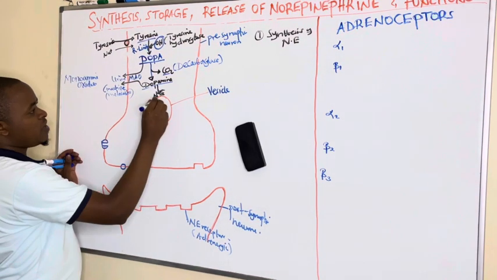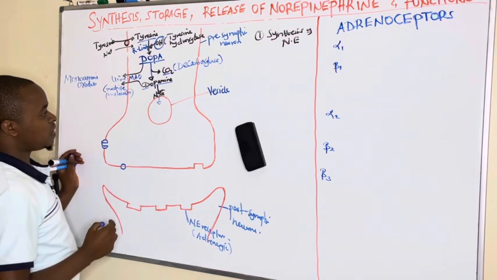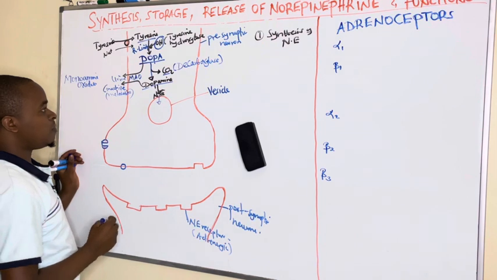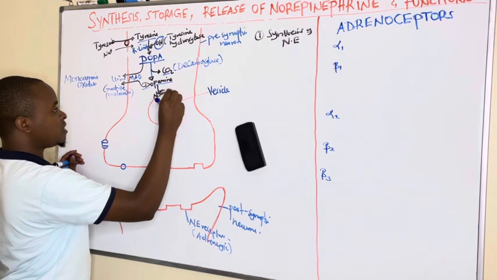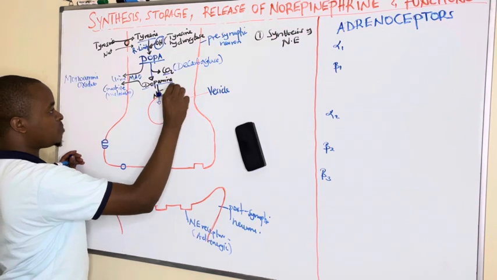Then this norepinephrine leads us to point number 2, which is storage, whereby norepinephrine is transported into the synaptic vesicle by amine transporters.